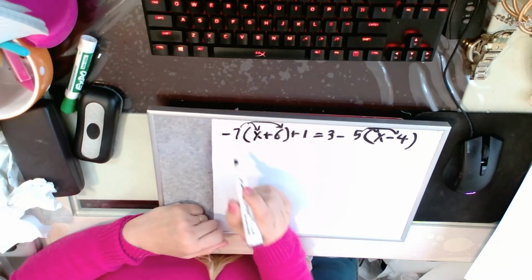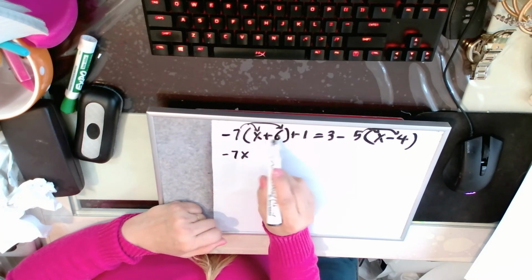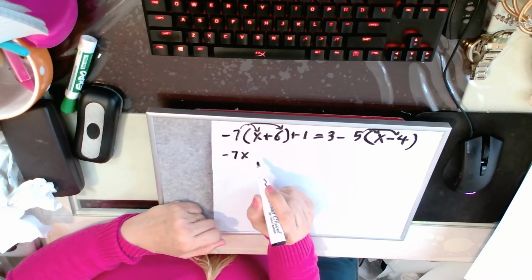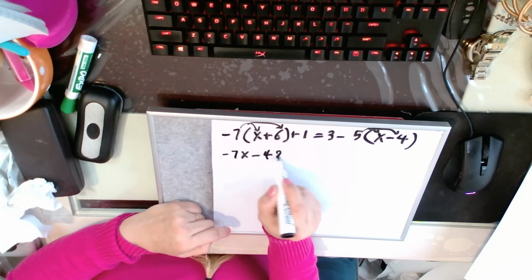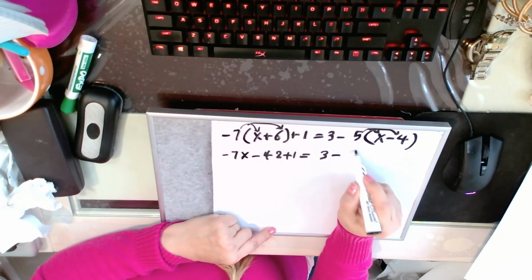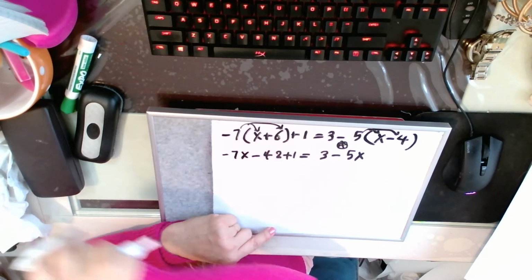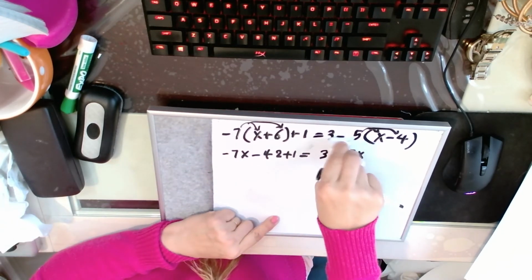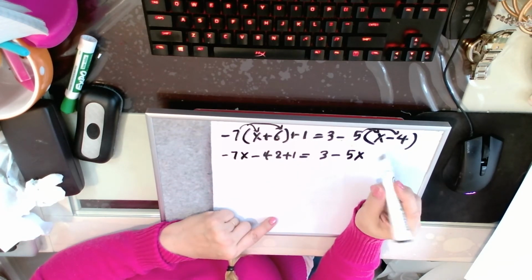So it's going to be minus 7x minus 42 plus 1 equals 3 minus 5x. Look here, there is minus here, right? Minus here. So minus times minus is going to be plus 20.